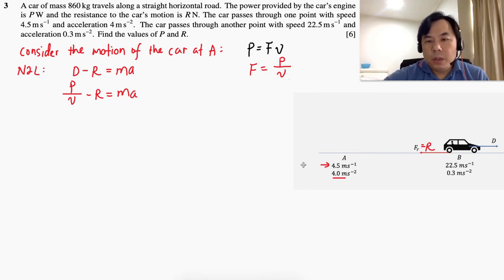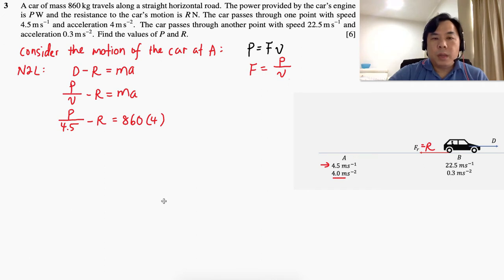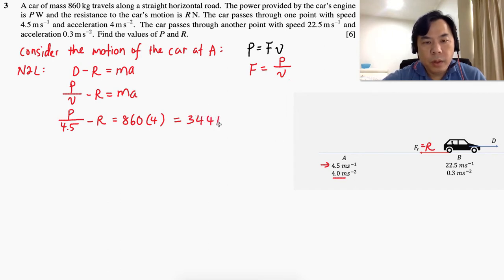From here at position A, we don't know the power, but we do know the speed is 4.5. We are not sure of the resistive force, but the mass is given as 860 and the acceleration is 4 meters per second squared. So this will be 3440.